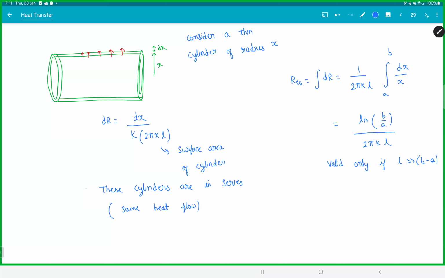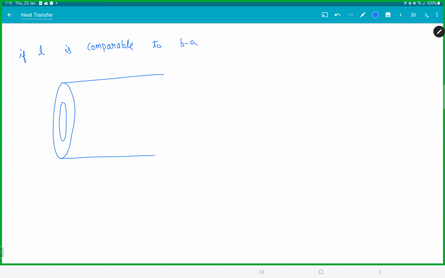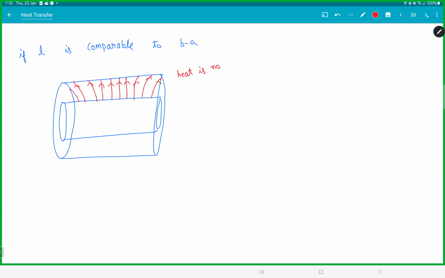Vihan? Now, what is the catch with this condition, length much greater than b minus a? Suppose L is comparable to b minus a, we will start having issues like this. In the center it is still fine, but as you start going to the edge, the heat will start going like this. Getting it? Heat is not radial near the edges.